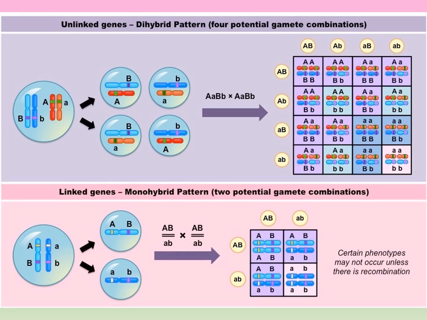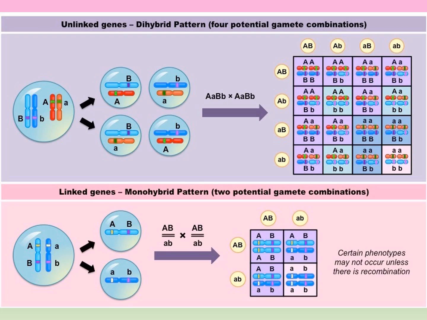So let's see what this looks like in comparison to our normal dihybrid pattern, okay? If we have unlinked genes, say A and B are on completely different chromosomes, we have 4 potential gamete combinations, right? Because they can be swapped if they're on opposite sides. So you can have big A big B, big A little b, big B little a, or little b little a.